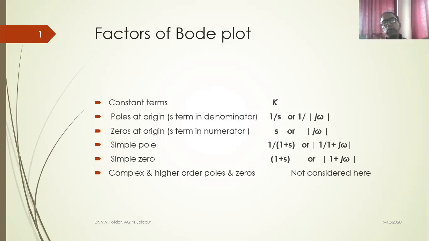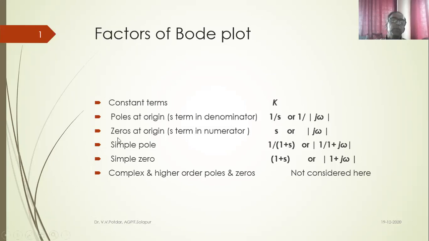So n number of poles will be available at origin, right? So the power of S corresponds to the order of the poles. If I got only single S to the power 1, I got single pole at the origin. This is what is meant. So we'll learn how to have a Bode plot, both magnitude and phase angle plot for poles at origin.